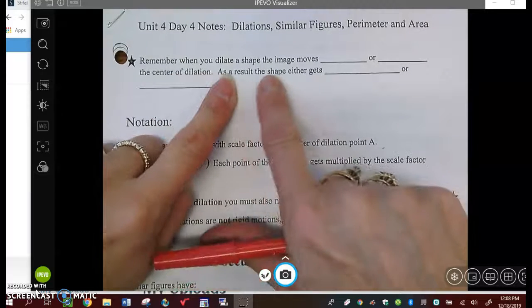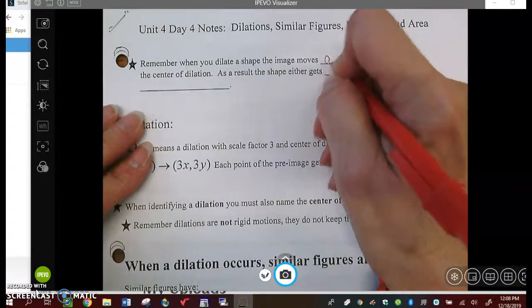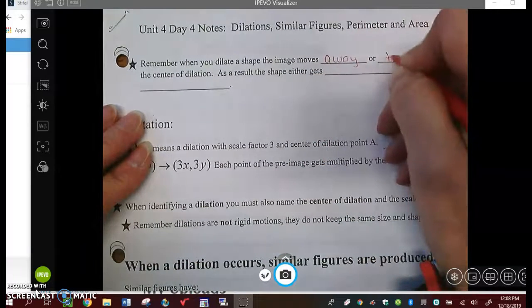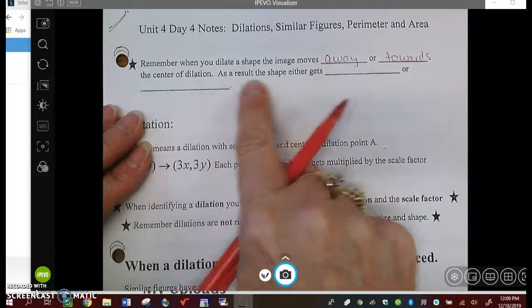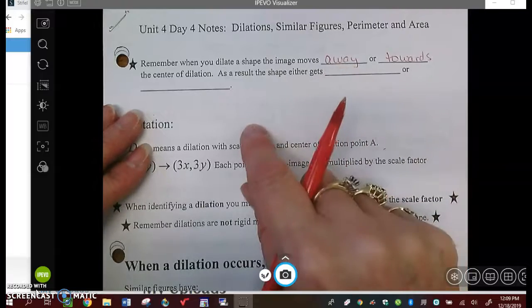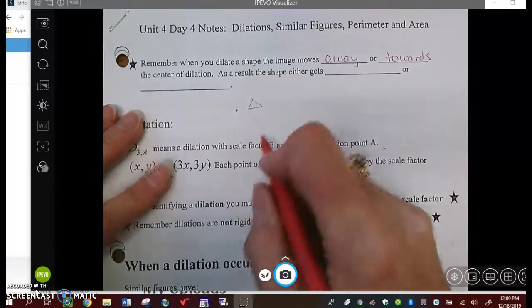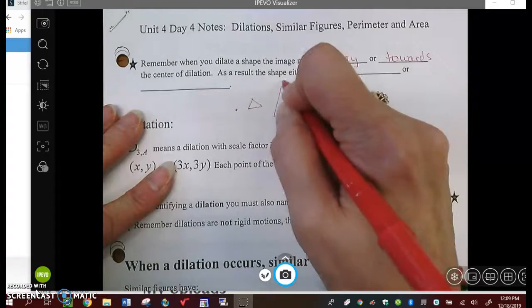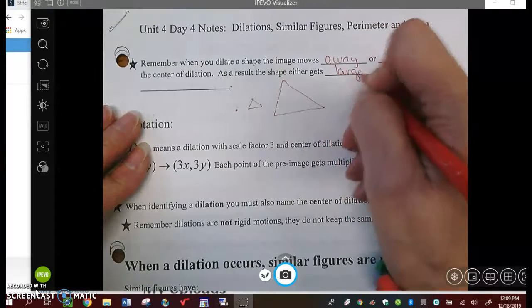Remember, when you dilate a shape, the image is either moving away or towards the center of dilation. If you take a triangle, for example, and the scale factor is greater than 1, it's moving away from the center of dilation, and it is getting larger.